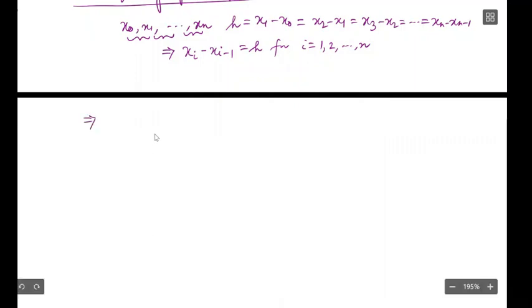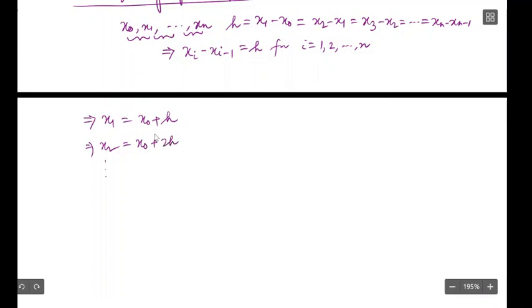And then we can have all the points xi's in terms of x0 and h, because x1 minus x0 is h, so x1 is given by x0 plus h. x2 can be given by x1 plus h, that is x0 plus twice h.